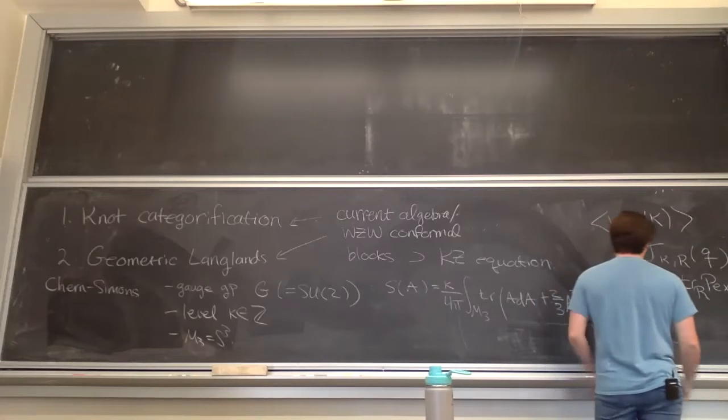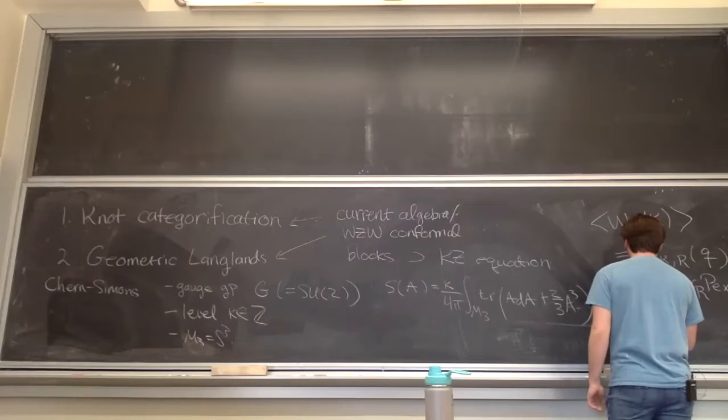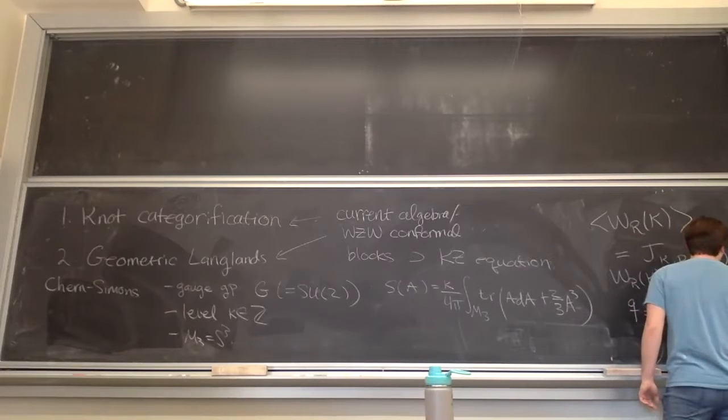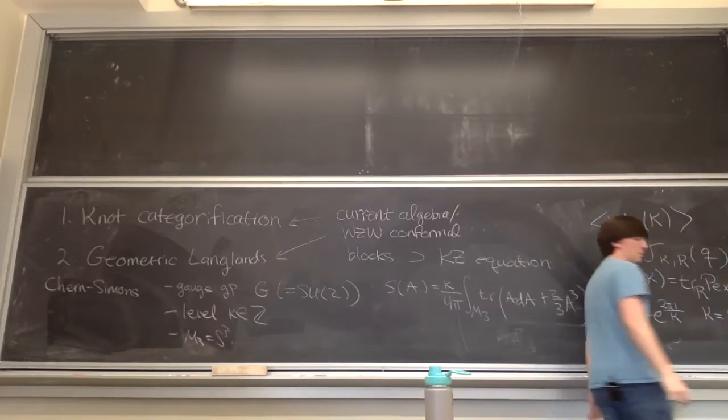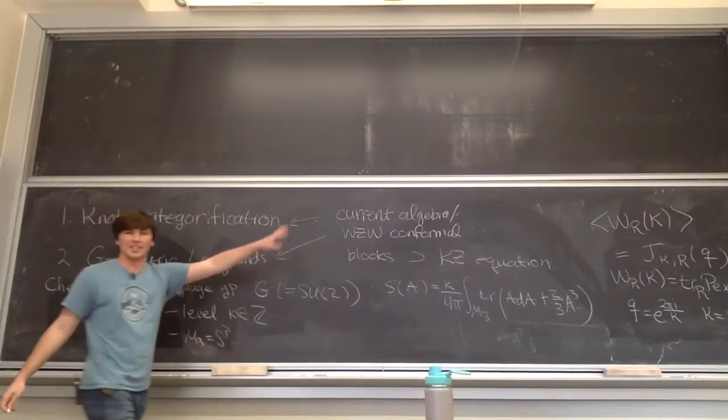R is some representation of G, and q is the exponential of 2 pi i over kappa, where kappa is this level plus some one-loop shift. Okay, so this is hopefully something people know.